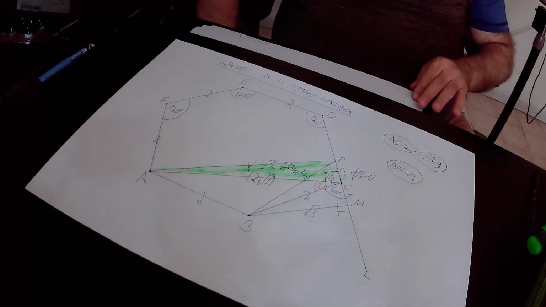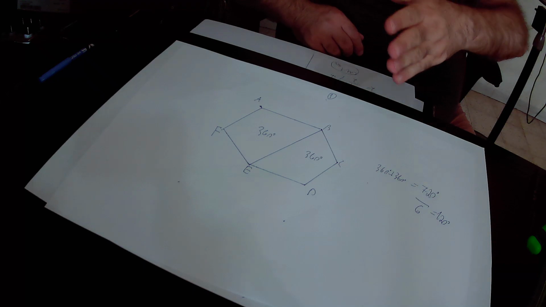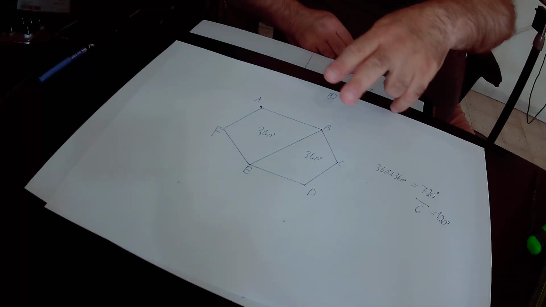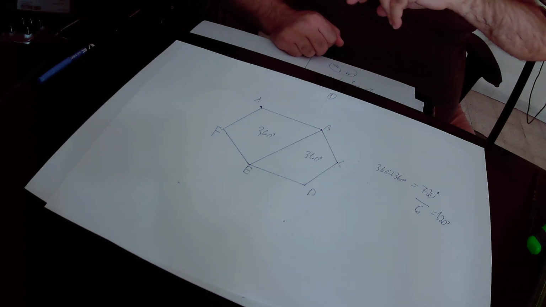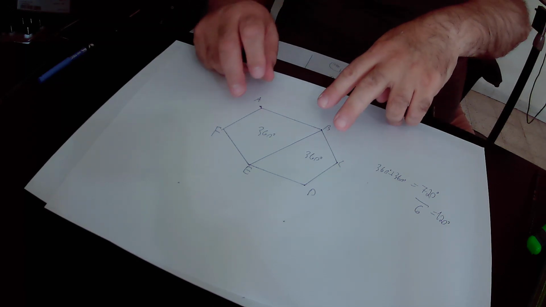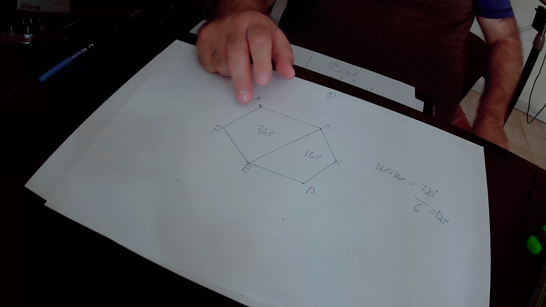Okay. So I drew here a regular hexagon. This is a regular hexagon. It has 6 sides that are equal to each other, and also all the interior angles of this hexagon are equal to each other.